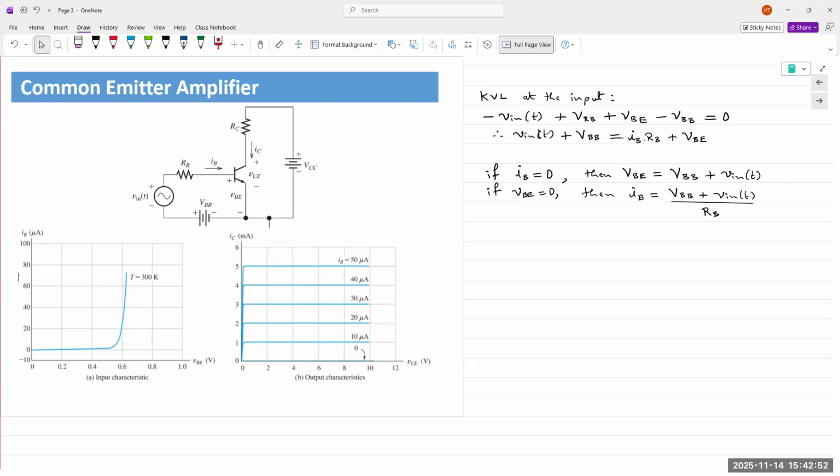And if, of course, vin(t) is 0, then VBE is equal to VBB and IB is VBB over RB.